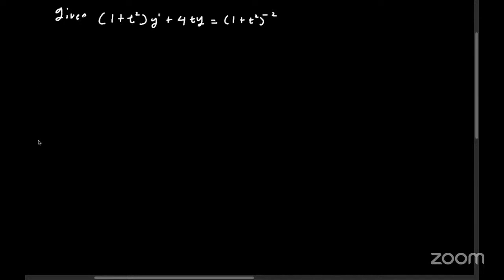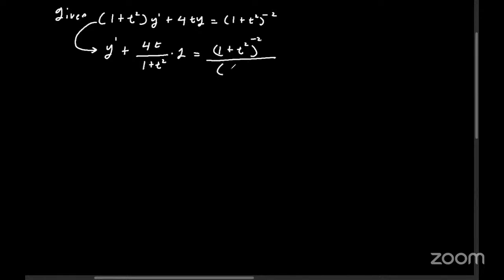I think the first step we should do to try to get it to be that is I'm going to divide everybody by this 1 plus t squared. So if I do that, I would have y prime plus 4t divided by 1 plus t squared times y equals 1 plus t squared to the negative 2 over 1 plus t squared.